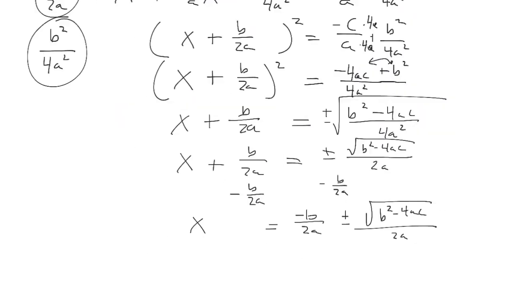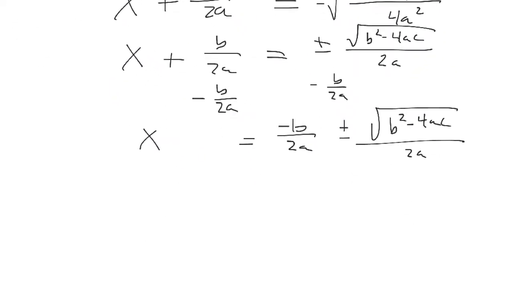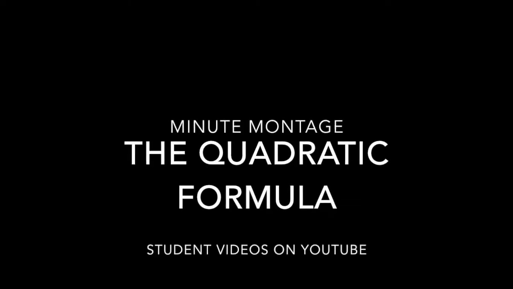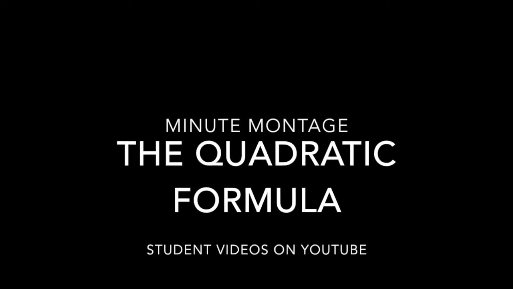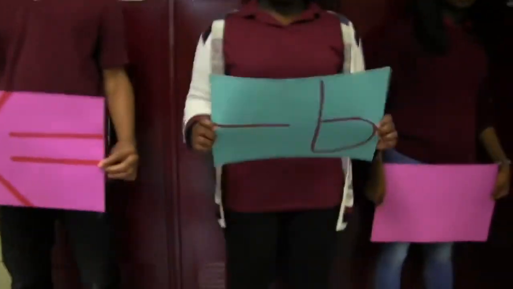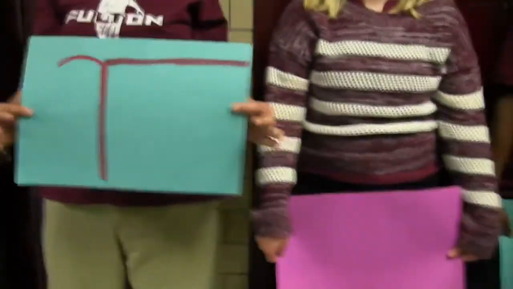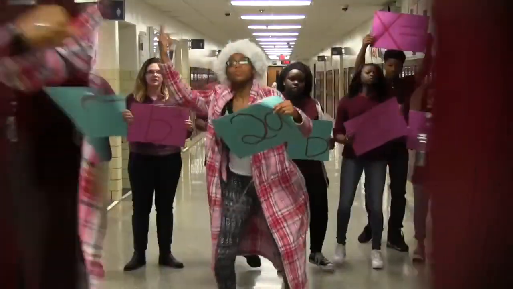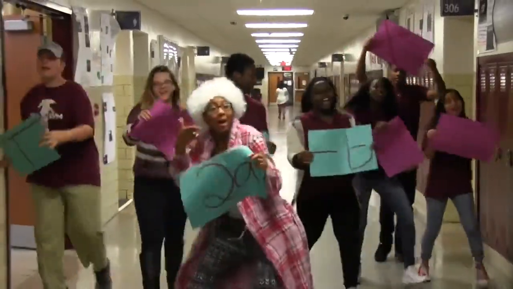And then combining the fractions, we get x is equal to negative b plus or minus the square root of b squared minus 4ac, all over 2a. That equals negative b plus or minus square root b squared minus 4ac divided by 2a. 2a!